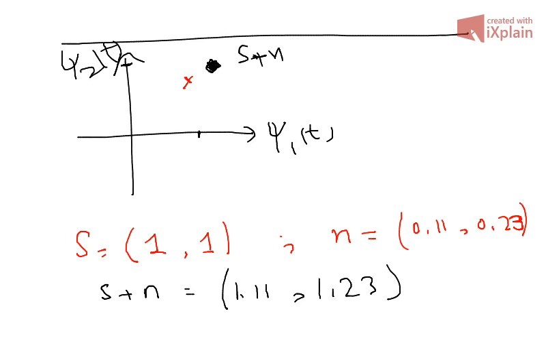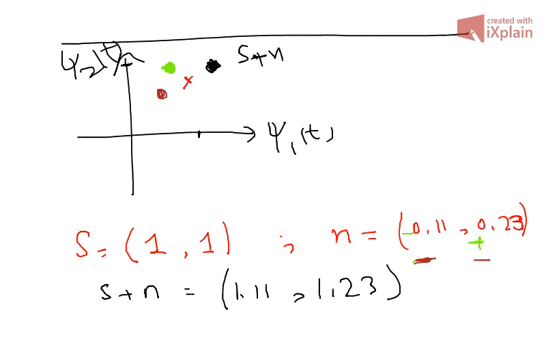And suppose this component is negative and this one is positive, then it would be somewhere here. The new point would be here in the Euclidean space. And suppose both components are negative, then this point would fall somewhere here.